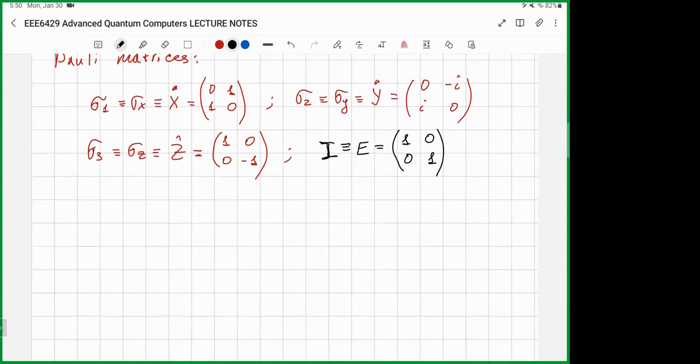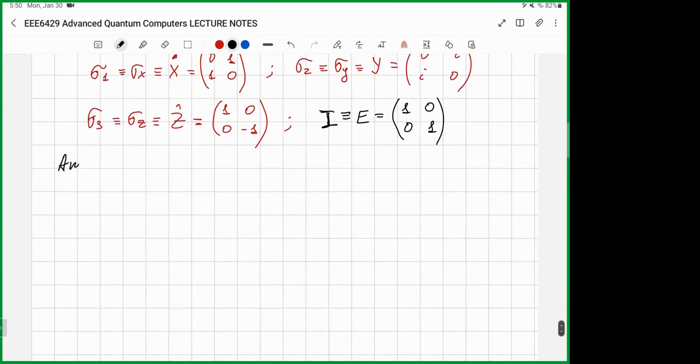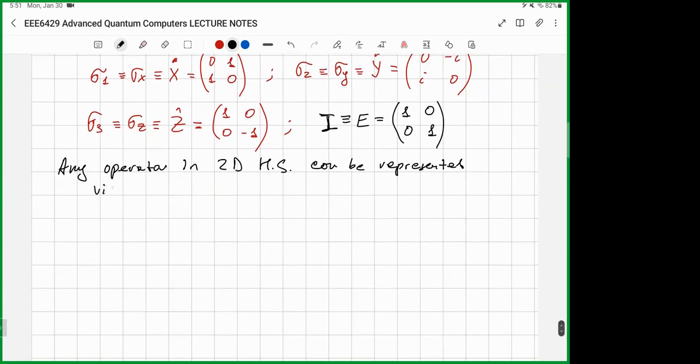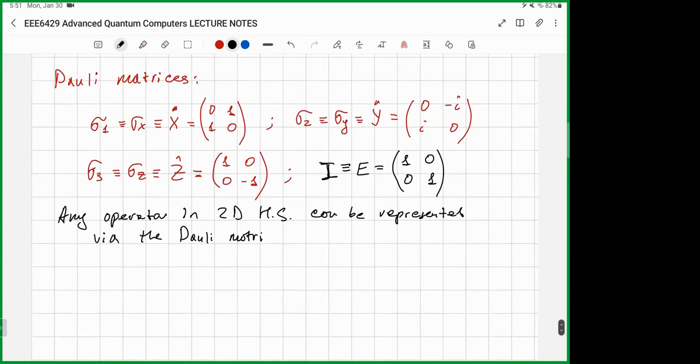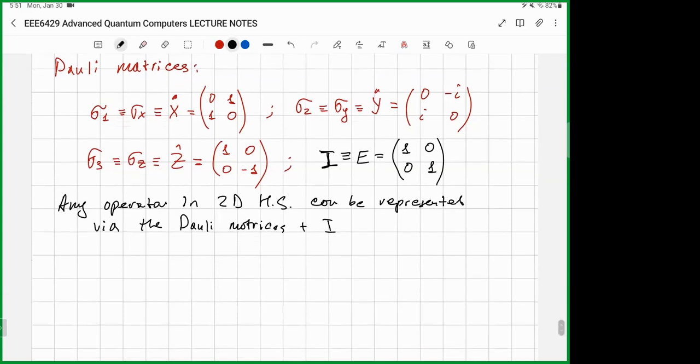We can actually write this down. Any operator in 2D Hilbert space can be represented via the Pauli matrices plus the identity matrix.